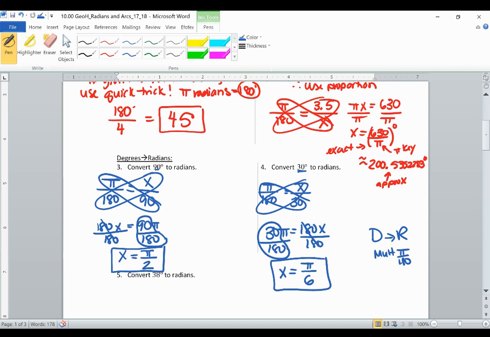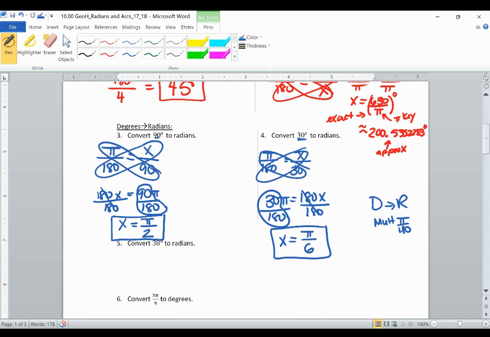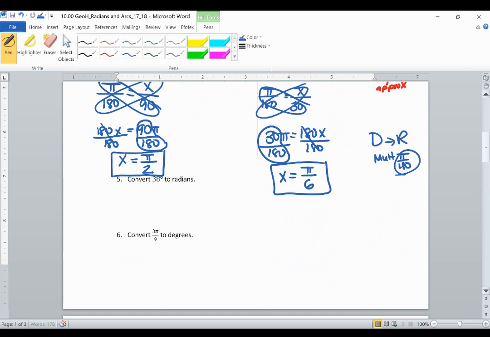So that's one of those quick tricks as you do more, you might start to realize, and that might work for you. If not, there's a lot of students that just stick with the proportion the whole time. But that's what you'll see, this pi over 180 on your reference table. Okay, so pause the video here and try 5 and 6 on your own.